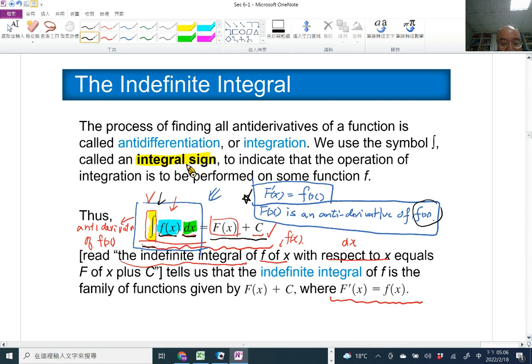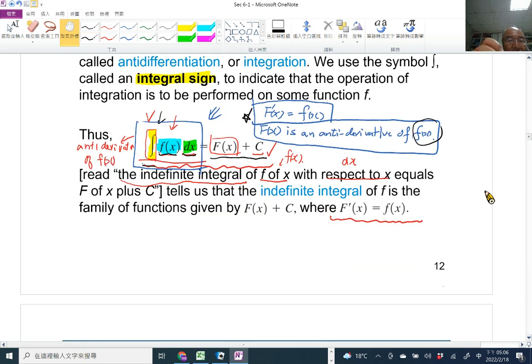All right, and so from this expression we must have a link. Capital F of x is an antiderivative of f of x, therefore the derivative of capital F of x will be equal to little f of x.